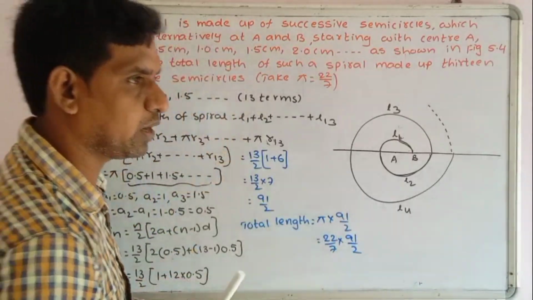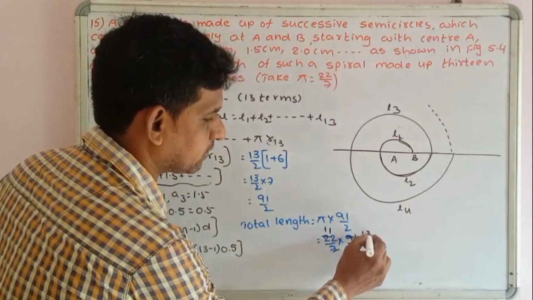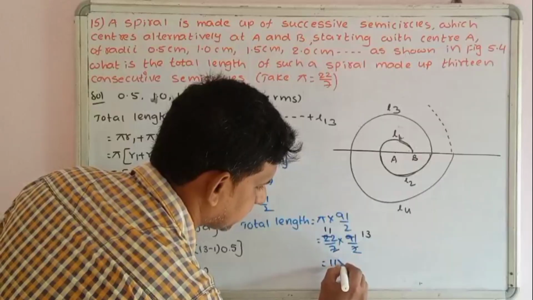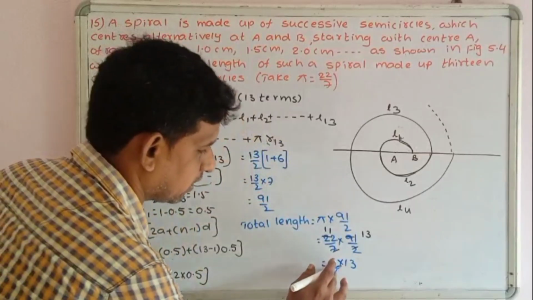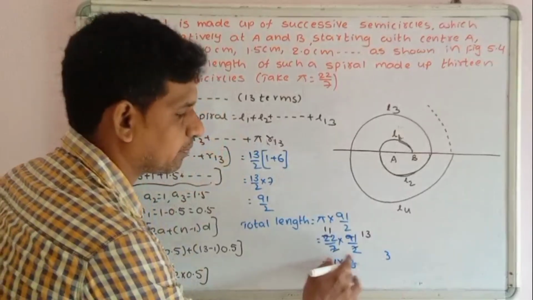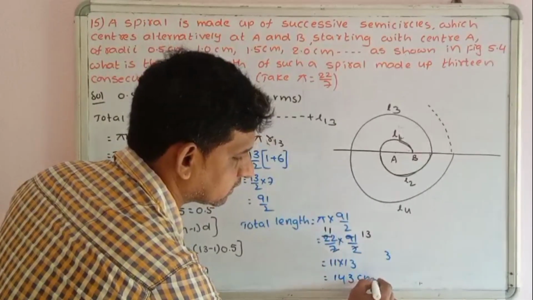Now 2 elevens are 22, and 7 thirteens are 91, so that equals 11 times 13. 11 times 3 is 33, and 11 times 1 is 11; 11 plus 3 is 14. So the answer is 143 centimeters.